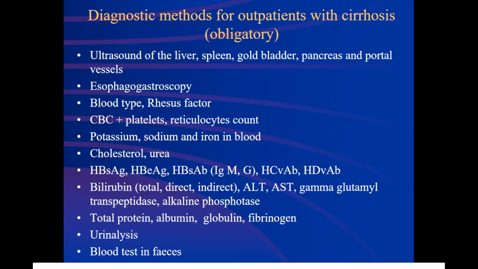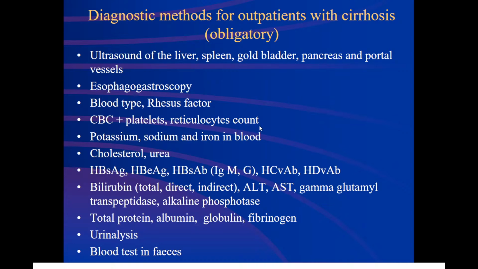We discussed it. In case of cirrhosis, mostly the same diagnostic methods: ultrasound of the liver, spleen, gallbladder, pancreas, and portal veins. Esophagogastroscopy, in this case, is the main method, not additional. Blood type and rhesus factor because this patient is predisposed to bleeding and blood transfusion may be used as a method of treatment.